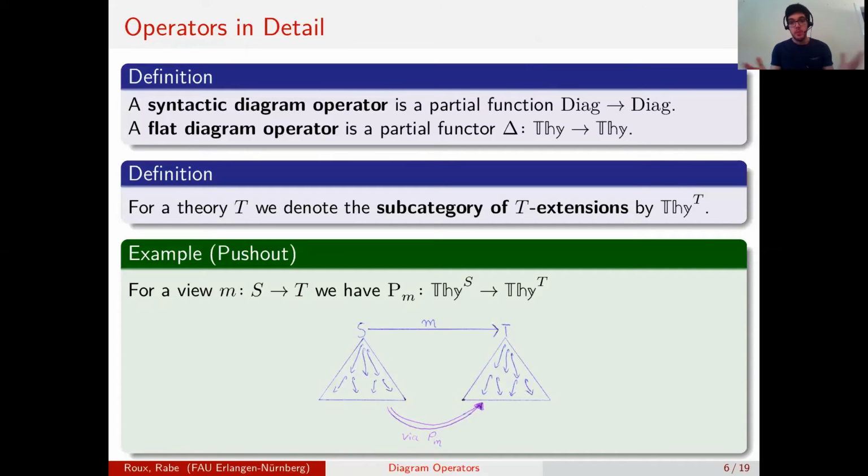And then we came up with another theory T, which is also pretty basic, and then we related S to T via M, implying that we can translate S expressions via M to T expressions. Then naturally, we should also be able to translate everything built upon S to something built upon T. So that's what the pushout does. That's just the pushout. That's why it has practical significance.